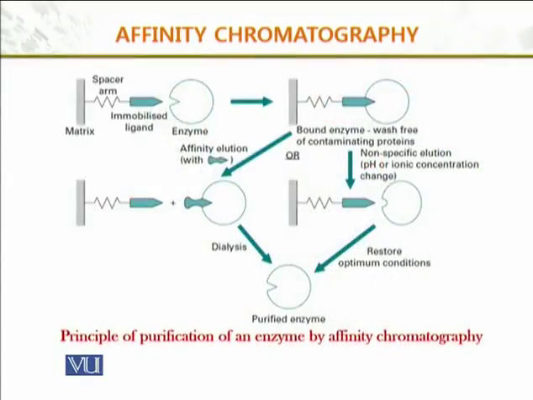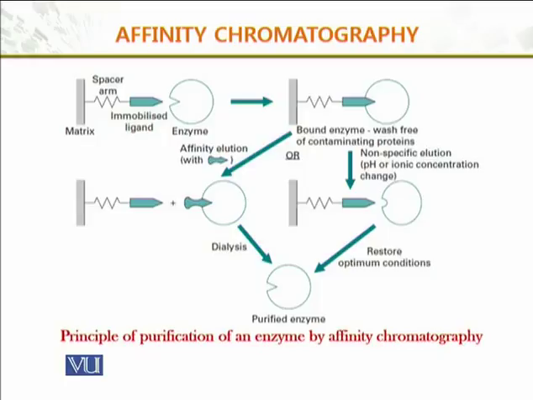As shown in this diagram, you can see the matrix, then the immobilized ligand and the enzyme. It attaches to the ligand on the solid support, which holds the enzyme. Then there can be two ways.